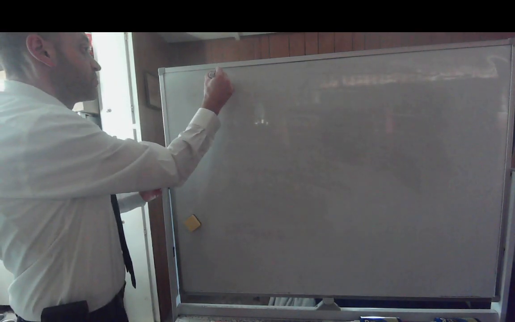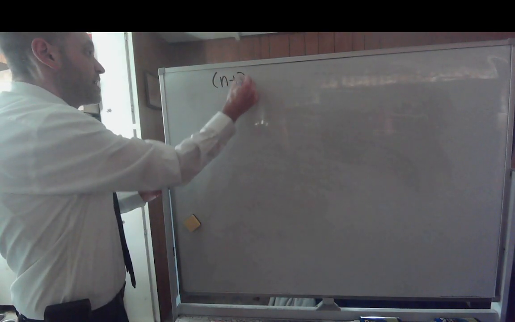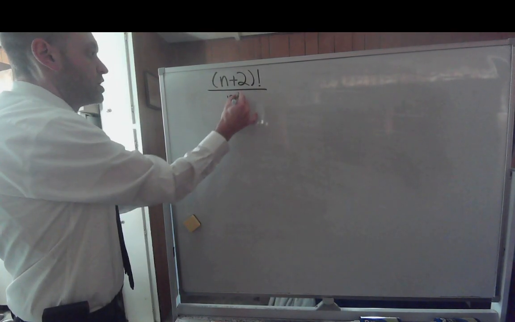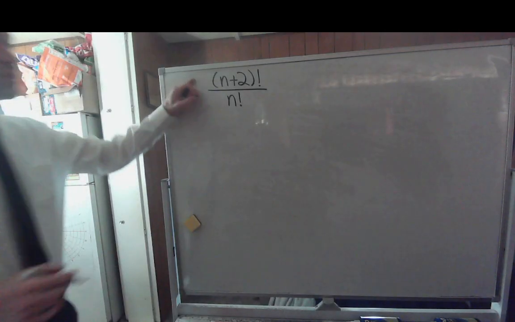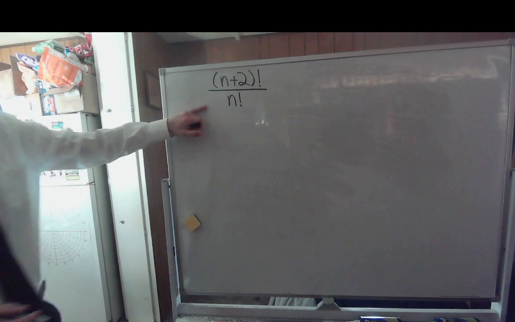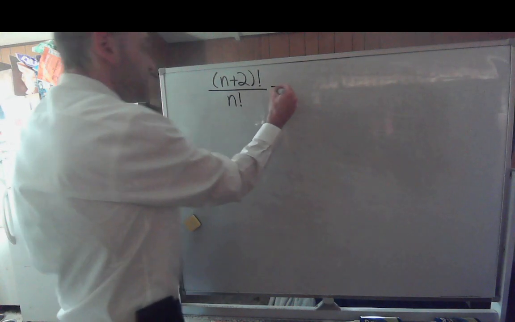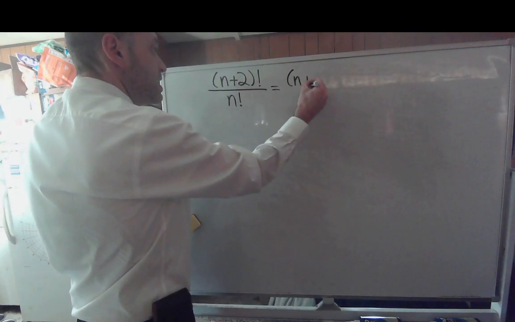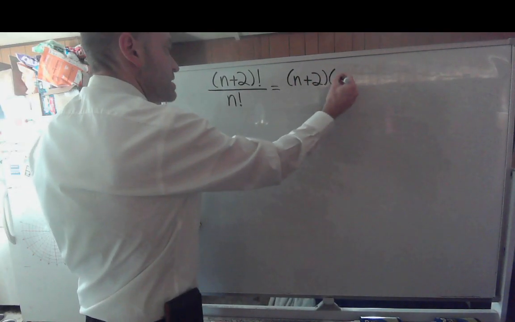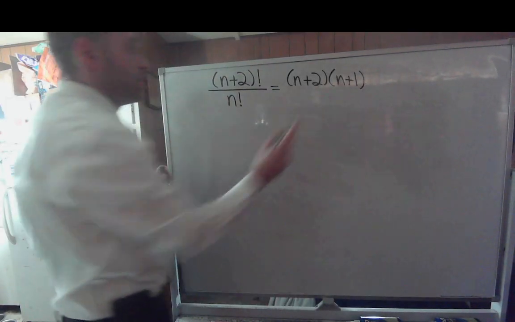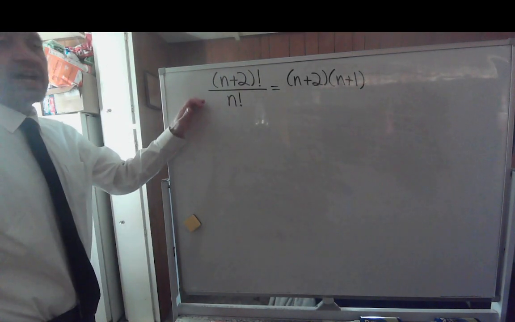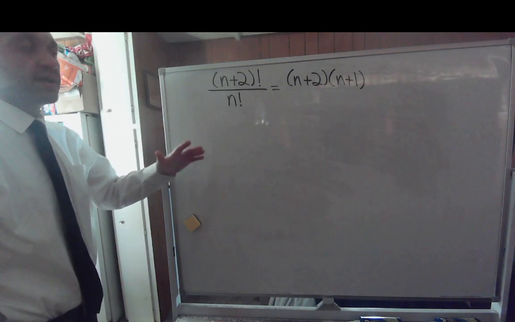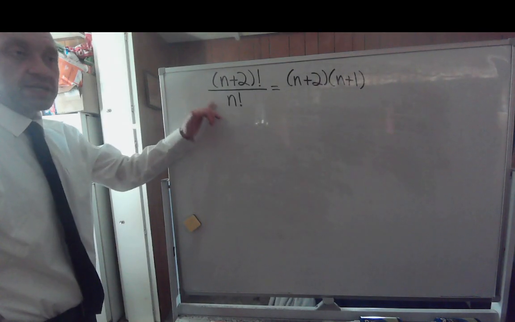Now, what if we had n plus 2 factorial over n factorial? Okay, so that n plus 2 can turn into n plus 2 times n plus 1. Now, when we're expanding algebraic factorials, we want to look to see if we're ever going to have a hope of canceling anything out in the numerator and denominator.